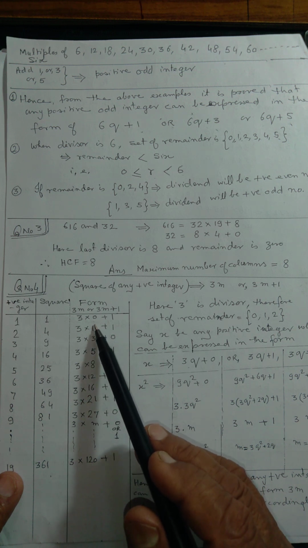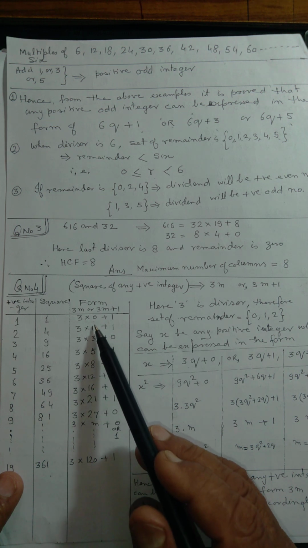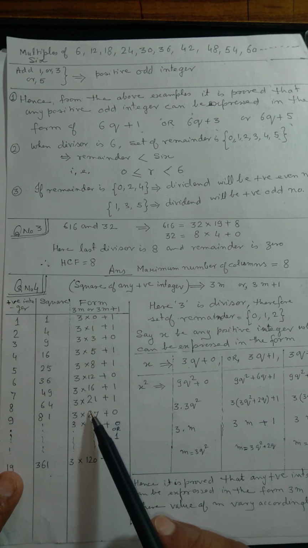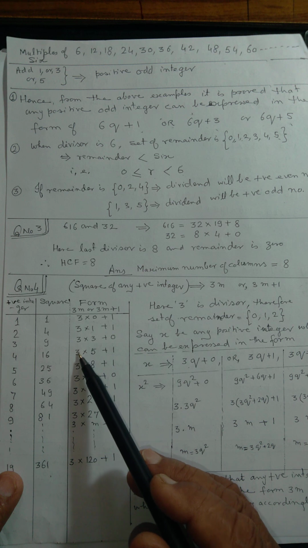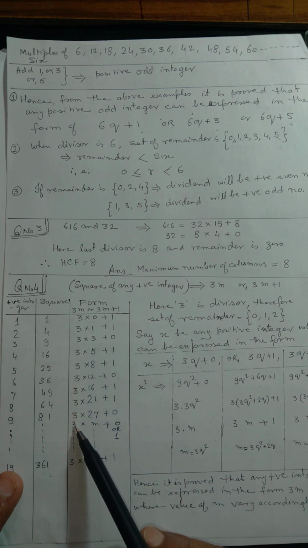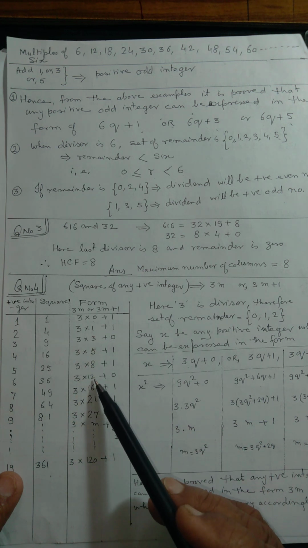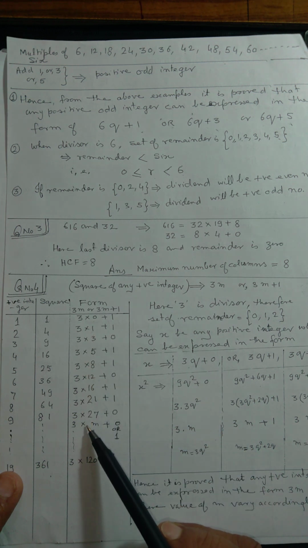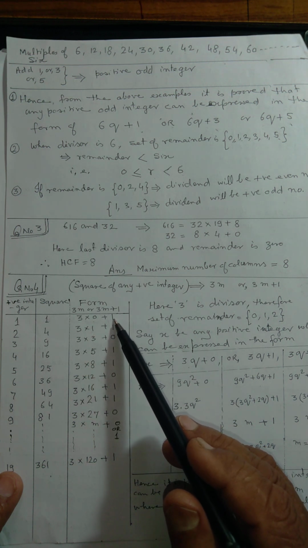So in this case we are just seeing that these values are the value of m, and this 3 is the divisor. And these are the values of the quotient, which is an integer. And these are the remainders.